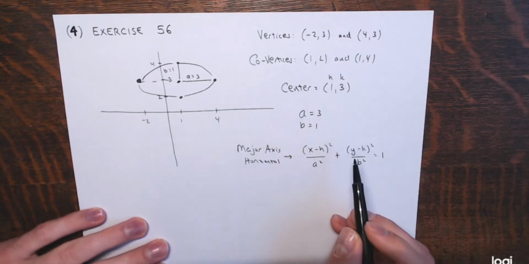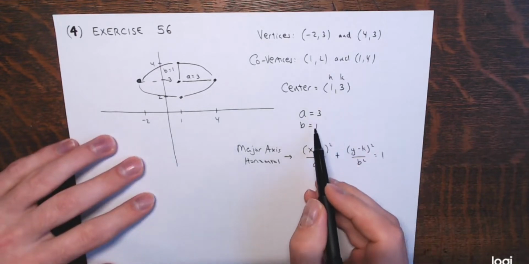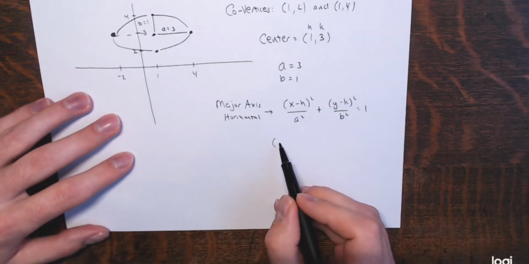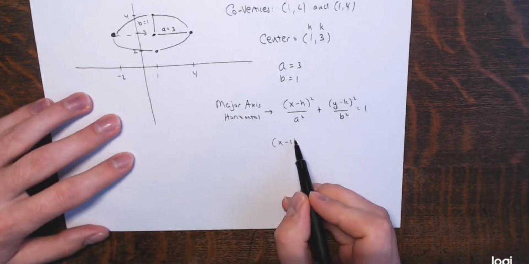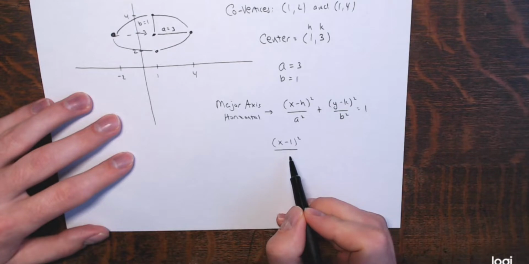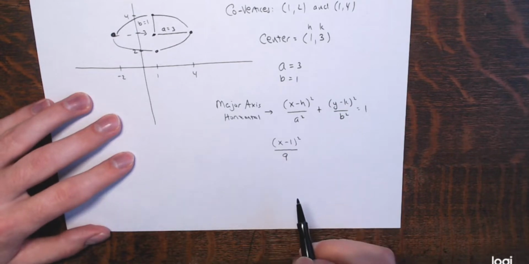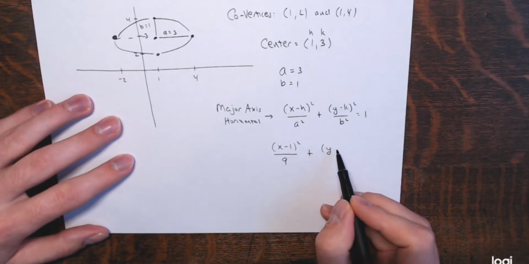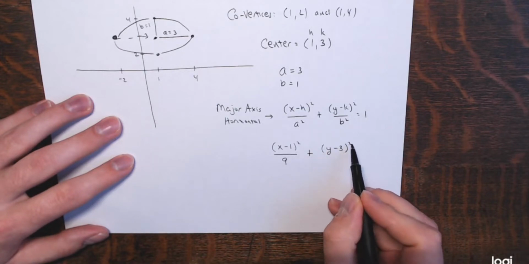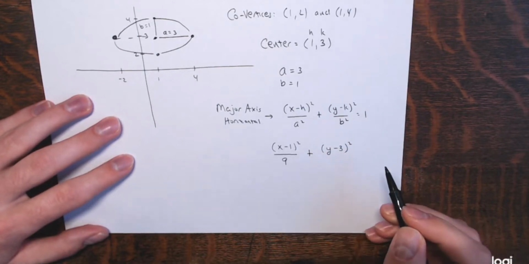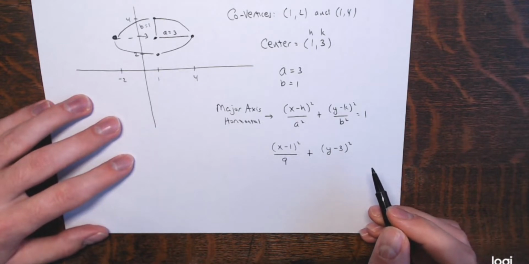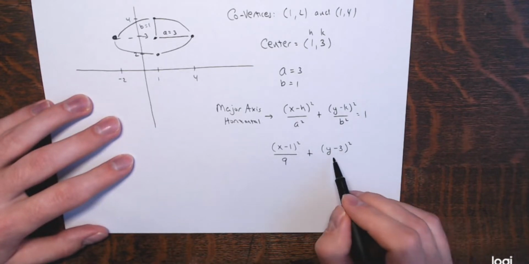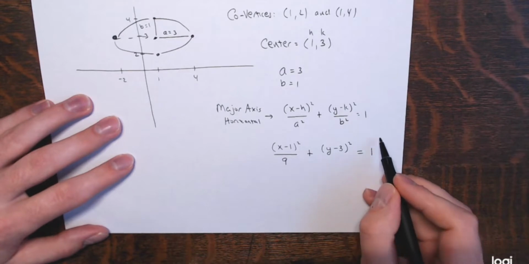Replace h with 1, k with 3, a with 3, and b with 1, and we have the following. The quantity x minus 1 squared divided by 9, right? a is 3, so a squared is 9, plus y minus 3 squared. Now divided by 1, usually people don't write divided by 1, because b squared would be 1 here, so I'm just going to leave it like that, equals 1, and there you go.